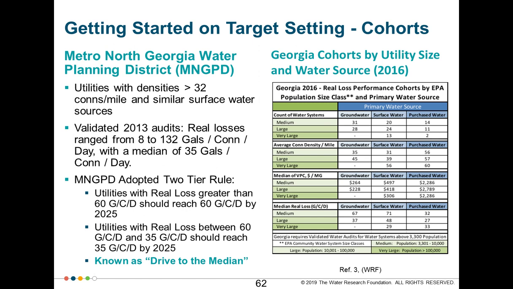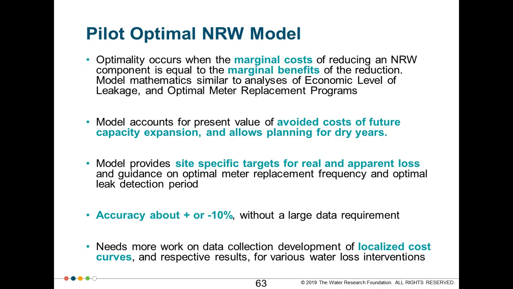And so you can look at the performance in each of these 9 cohorts and see how different utilities are doing. Some will be much higher than the median in that cohort, and some doing better, and then focus in on the ones that are most challenged, shall we say.